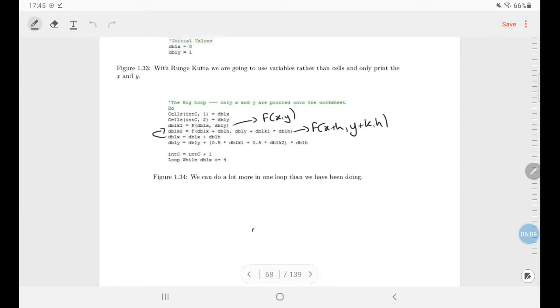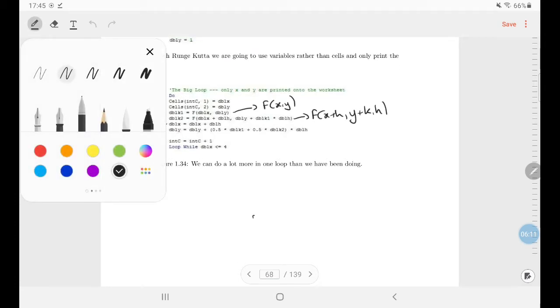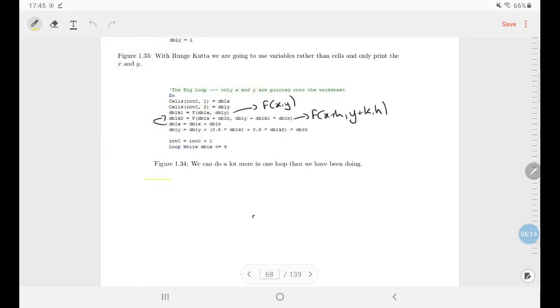Now there's a thing about the dependence. If the derivative is independent of y, so there's no y in the derivative, then you can use just the first bit.